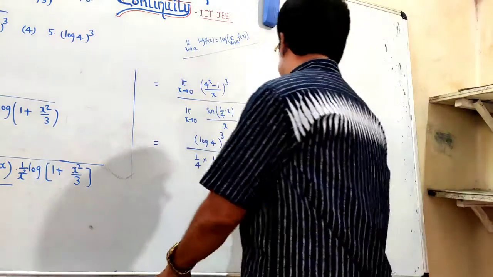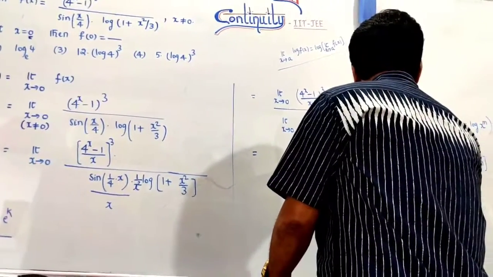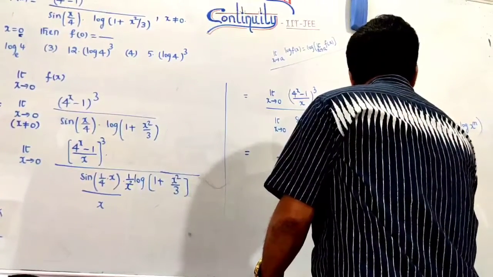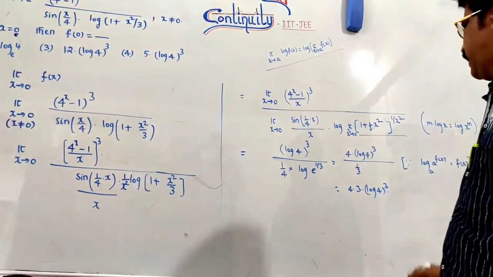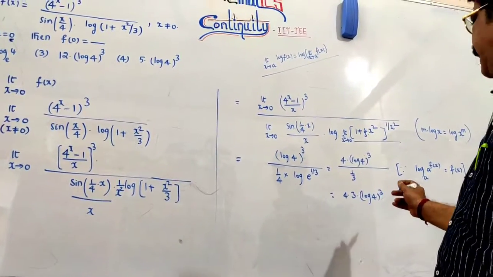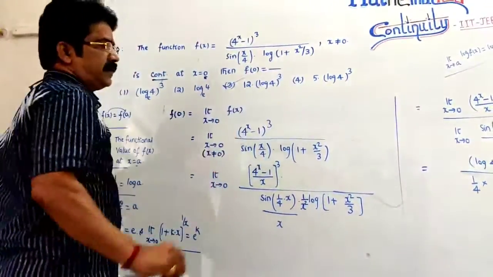So therefore it is 1 by 3. So that is equal to 4 into 3 into log 4 whole cubed. So thus 12 log 4 whole cubed. It is in which option? Third option. So therefore third option is right.